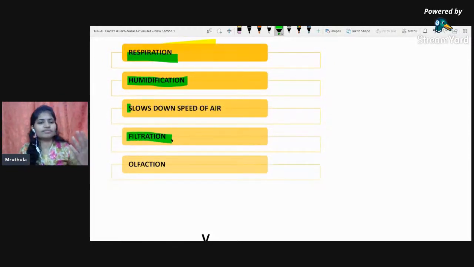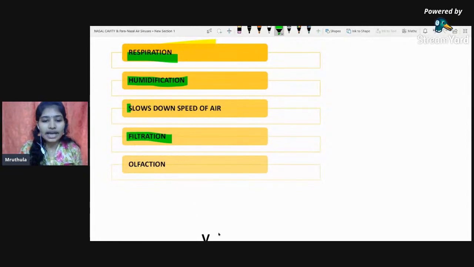We all know the air that we breathe in is obviously not pure. It has foreign bodies like dust particles or microorganisms, so that has to be filtered before it reaches the lungs. How is filtration performed? Mainly in the nasal cavity, it is by means of two important structures. One is the hair, obviously in the external part of the nose, right? In the vestibule, on the interior aspect, we have hairy structures.